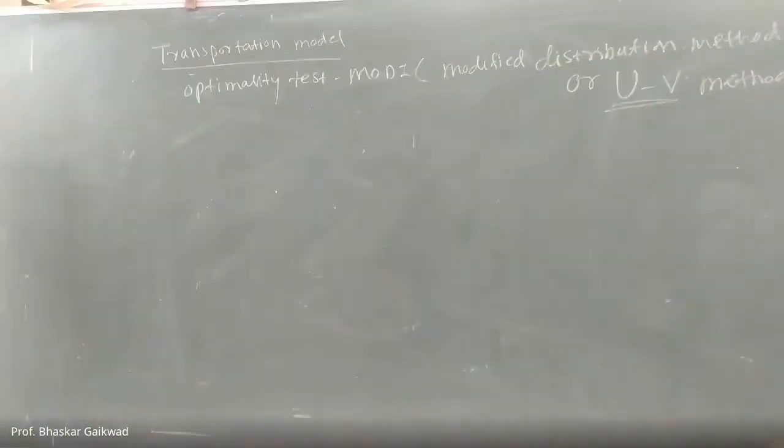So up till now, we have seen three methods, only for initial basic feasible solutions. But how to test that the solution is optimized? So the optimality test is done by the MODI or modified distribution method, or the other name given is the UV method.